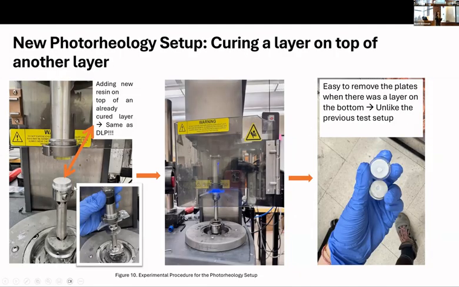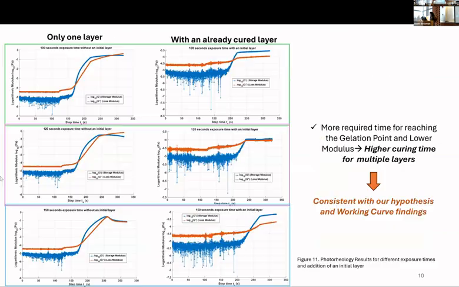Then I remove the residual uncured resin, then I add more resin, and I do the photorheology analysis again. We basically wanted to see what happens if we have an initial layer on the plate. We also did the same analysis without an initial layer to see the effect of interlayer adhesion.